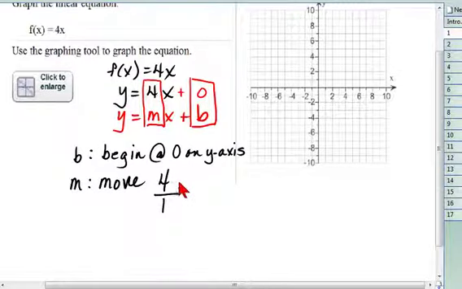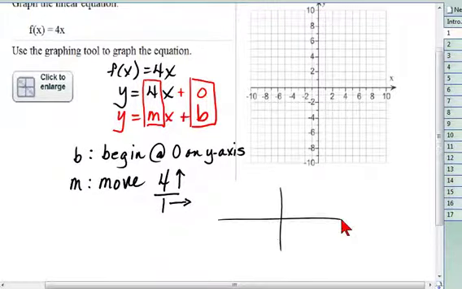Since it's a positive 4, I'm going to draw an up arrow. The denominator of the slope is the horizontal component. Because it's positive, I'm going to draw a right arrow. Now, if I go to the grid that is provided. If you don't have a grid and you're trying to take notes, then you're busy drawing one of these, drawing that on your notebook paper.